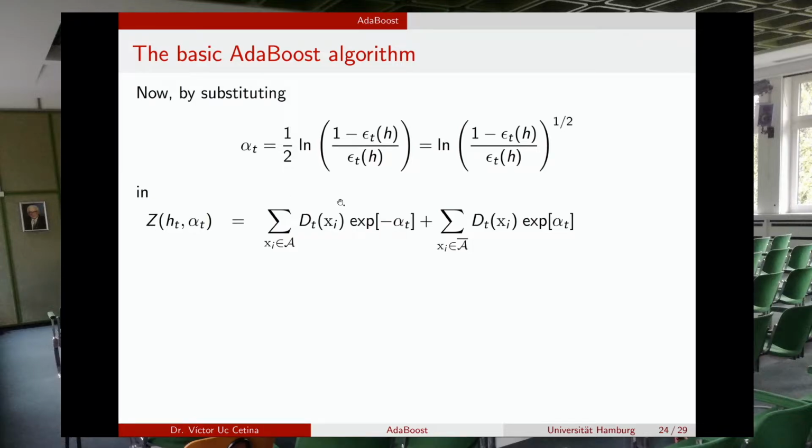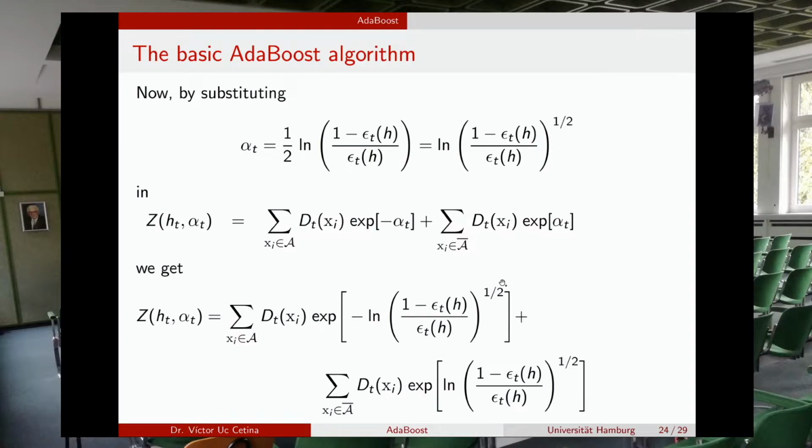So first, taking the function Z, we're going to substitute alpha here and here with this expression. We're going to get a larger expression, but the only thing we have done here is to substitute these alphas. Okay, so that's why you have this expression inside here and here.